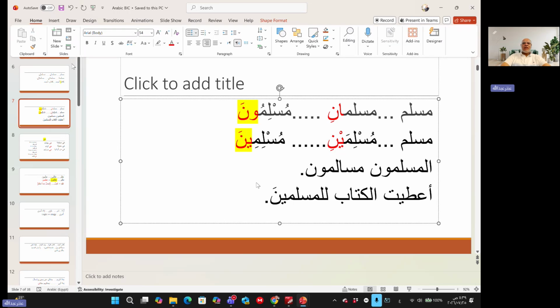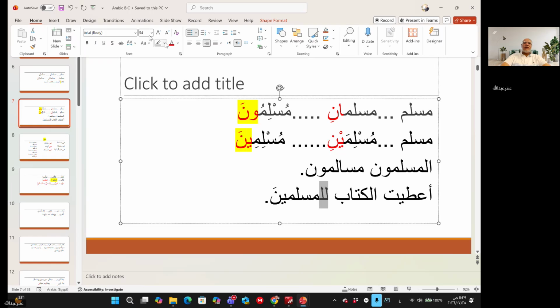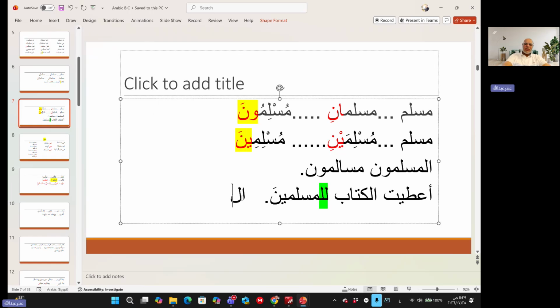The same thing happens if you say lillah, for example, to Allah or for Allah. The word Allah subhanahu wa ta'ala is written like this. But if you add a lam, you are adding another letter, and you lose two letters. How is that? If you add a lam, you drop the alif, right?